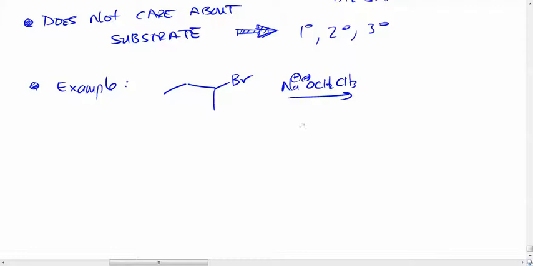And we can just say that we are in some aprotic solvent.